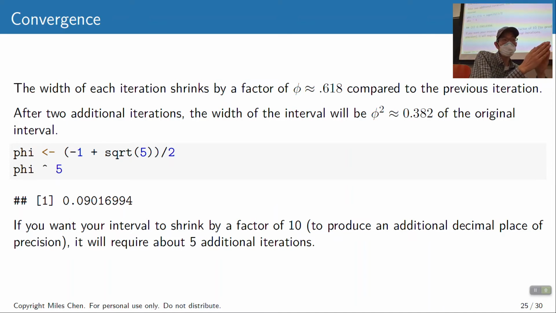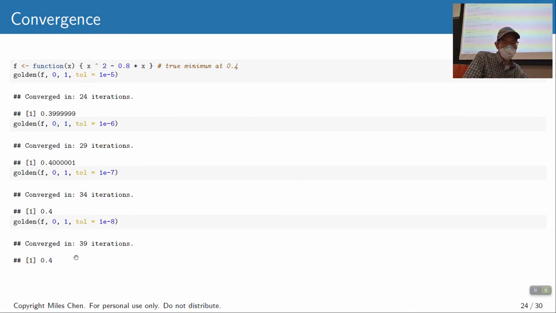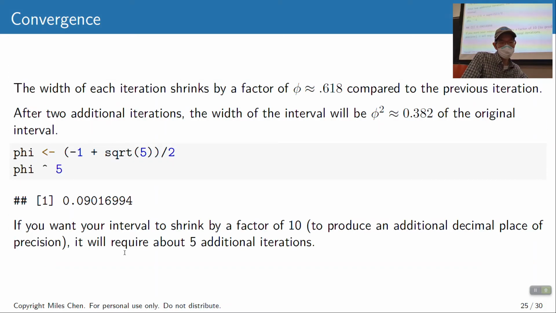Oh, sorry, not 1/9, 1/11, or a little bit less than 1/10 of the size of the interval five iterations back. Okay, so that's kind of why we're seeing it. We need another 5 iterations to go down by a factor of 10, approximately.